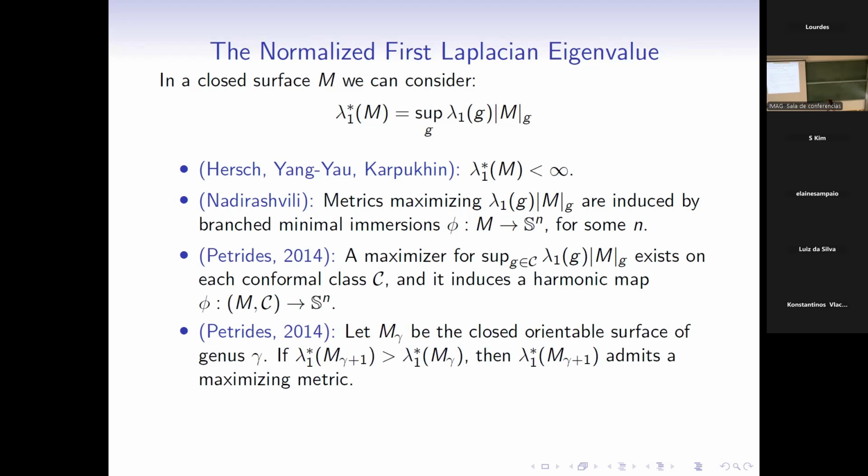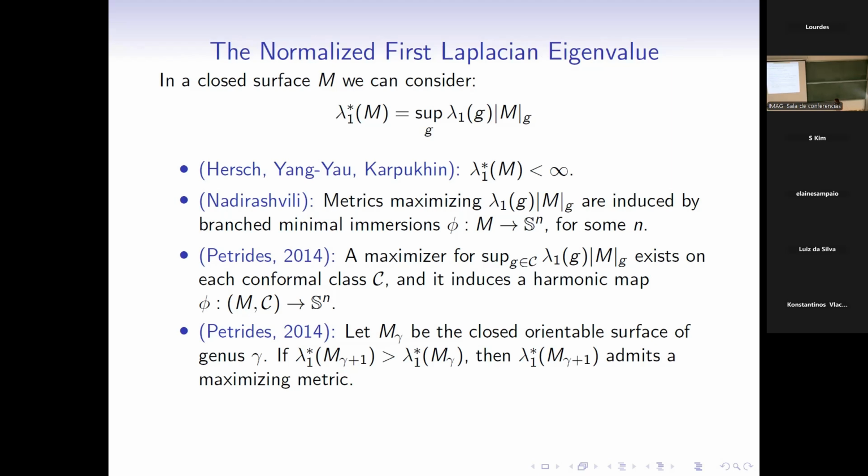And he also proved this nice result here, where if you denote by M gamma the closed surface with genus gamma, he proved that if you do have this kind of gap inequality, this jump inequality if you want, then you can show that the maximizing metric for M gamma plus 1 does exist. Okay, so if you want to prove the existence of a maximizing metric, you just need to check this inequality here, which turns out to be very, very hard to prove.